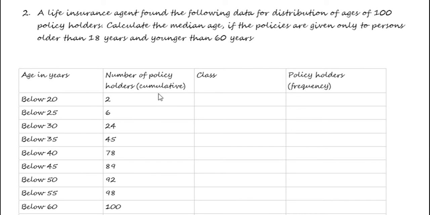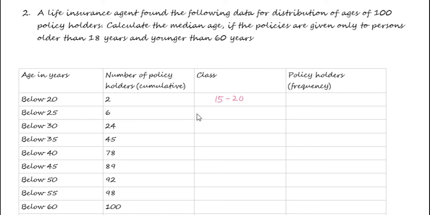We need to construct the classes or the groups here. The first group I will have it as 15 to 20 because less than 18 ages they won't be having the policies. Uniform class width. So I will take this as 15 instead of 18.